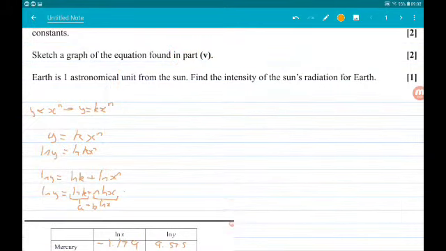Okay, then the final part, we are told that Earth is 1 astronomical unit from the Sun. Find the intensity of the Sun's radiation. Okay, so remember x was the astronomical units, y is watts per square meter.